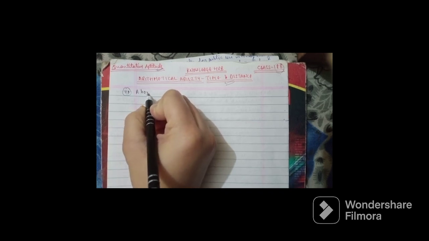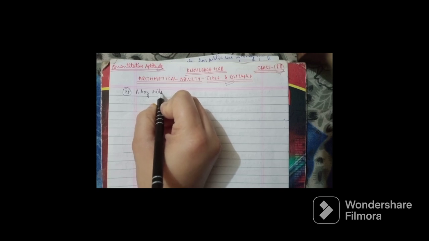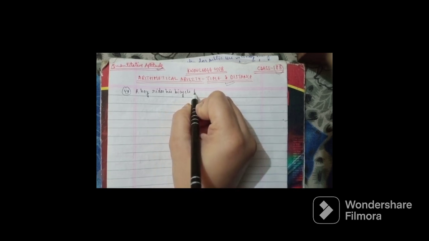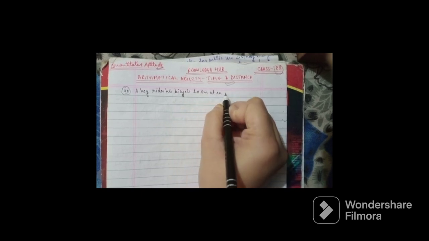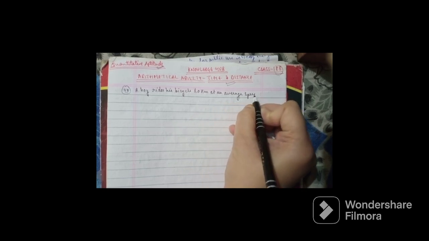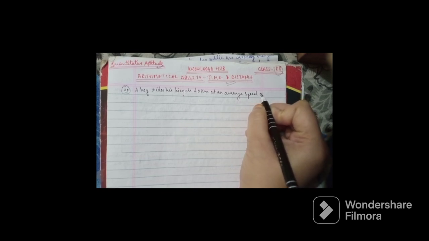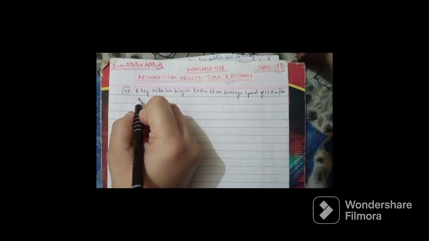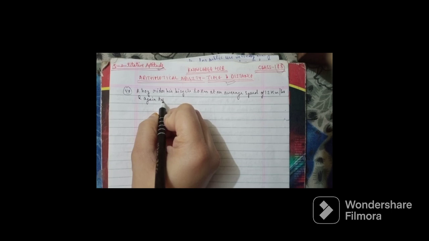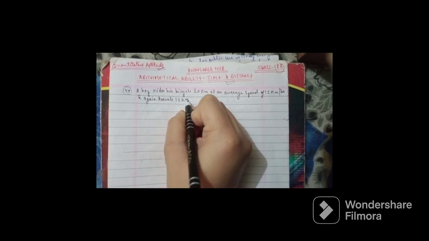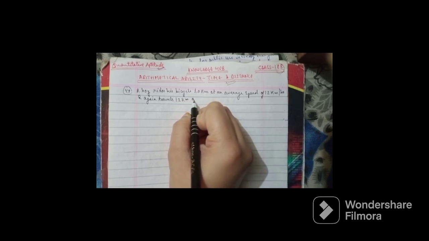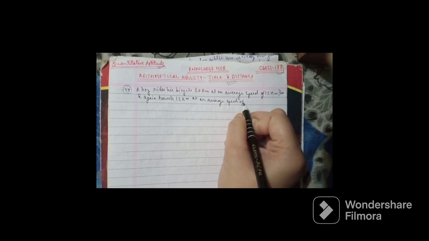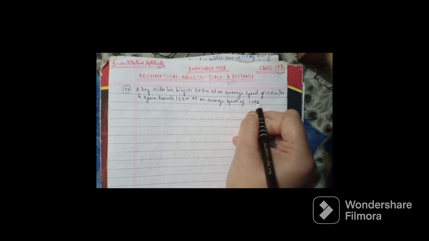A boy rides his bicycle 10 km at an average speed of 12 km per hour and again travels 12 km at an average speed of 10 km per hour.